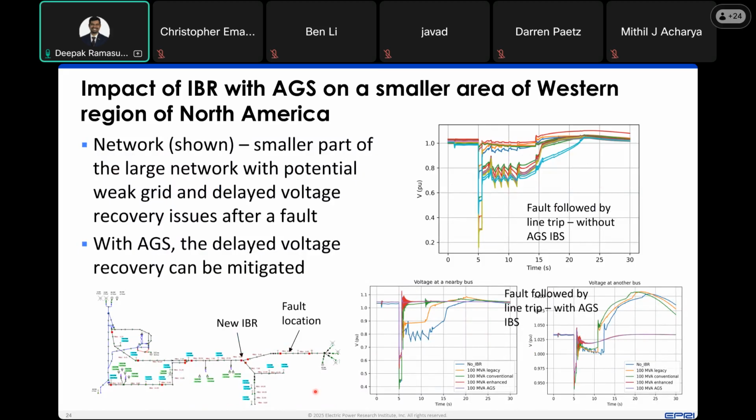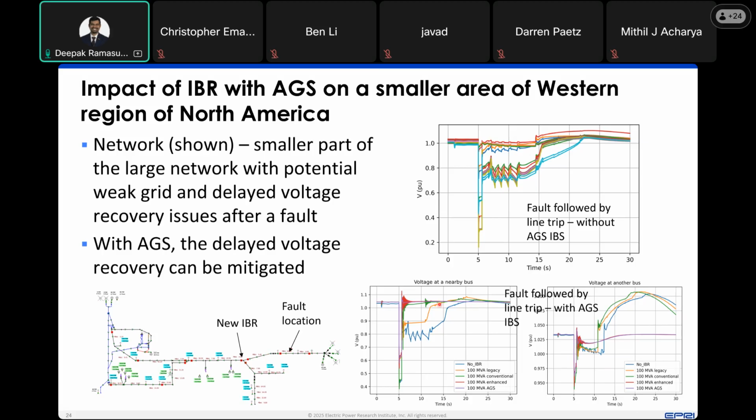So the idea was that if we are to place a new inverter-based resource, then to determine where on this entire network portion the new inverter-based resource should be placed, and in addition to identifying where it should be placed, to get an idea of what the size of the inverter-based resource should be.